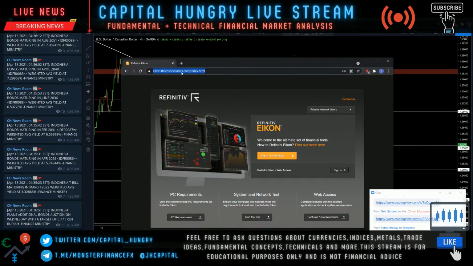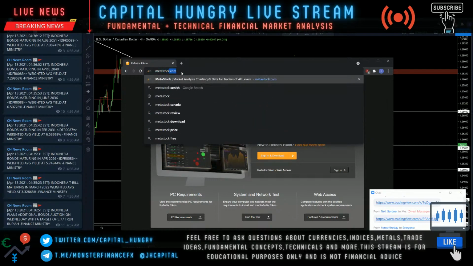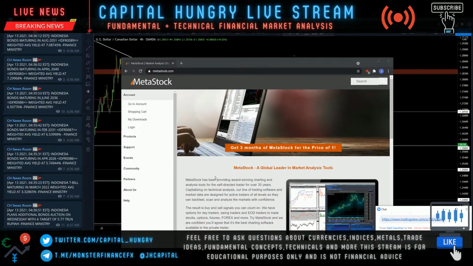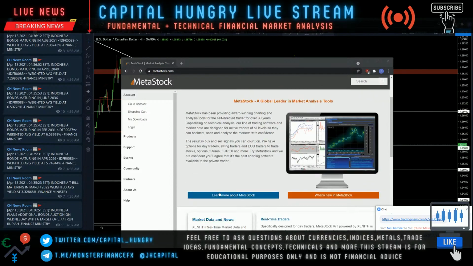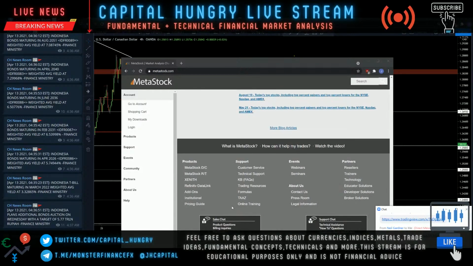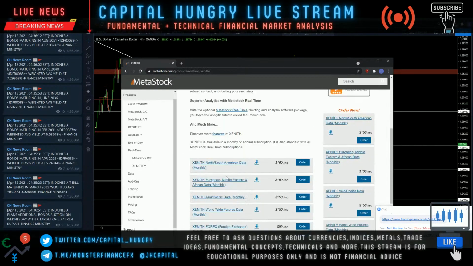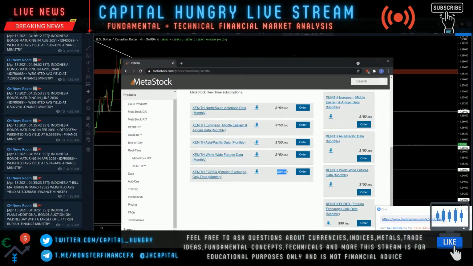There are other companies like Metastock that have a contract with Reuters and sell just the news headlines. If you want to buy just the news headlines for your personal self alone, it already costs $100 a month.